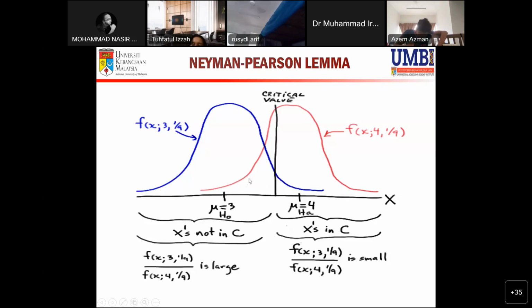But what happens in the other case? For example, based on our observations, we get different results. We get a Z statistic around these regions, showing that the parameter value is more than 4, like 5 or 6, based on our sample mean, which is an unbiased estimator of our population mean. In this case, the ratio of the likelihood under the null hypothesis to the likelihood under the alternative hypothesis is small.